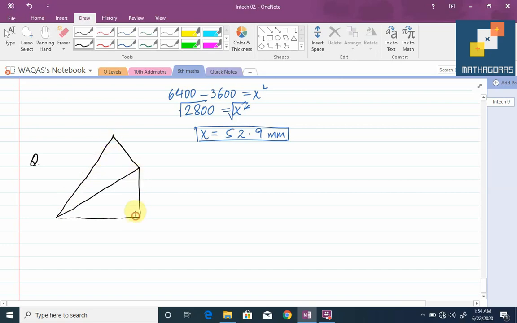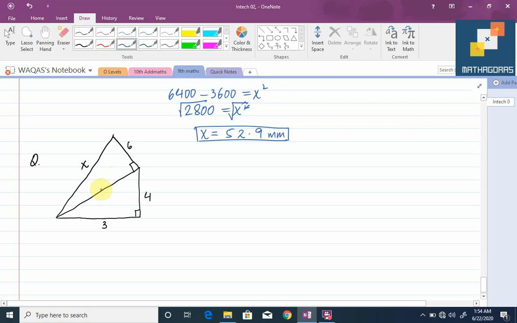Right, there are 2 right angle triangles. Our target is to find x. We know that 3, 4, 6. That is our question. So it will be very good if you try it by yourself first and then see its solution.